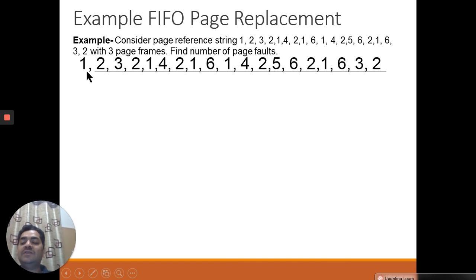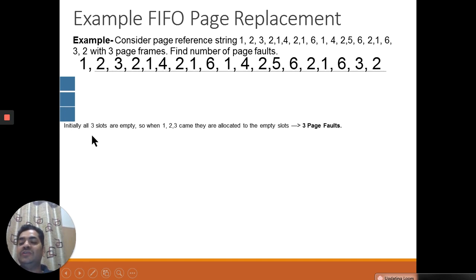This is what is given: 1 2 3 2 1 4 2 1 6 1 4 2 5 6 2 1 6 3 2. The 3 frames are empty, so we make 3 blocks in the form of frames: first frame, second frame, and third frame. Initially the 3 slots are empty, so when 1, 2, 3 come, they are allocated to the empty slots, and 3 page faults occur because the frames are empty.